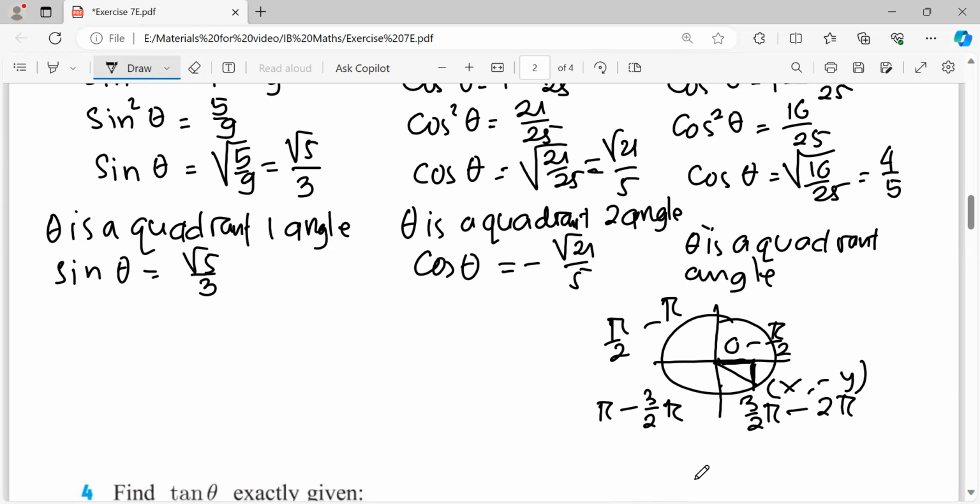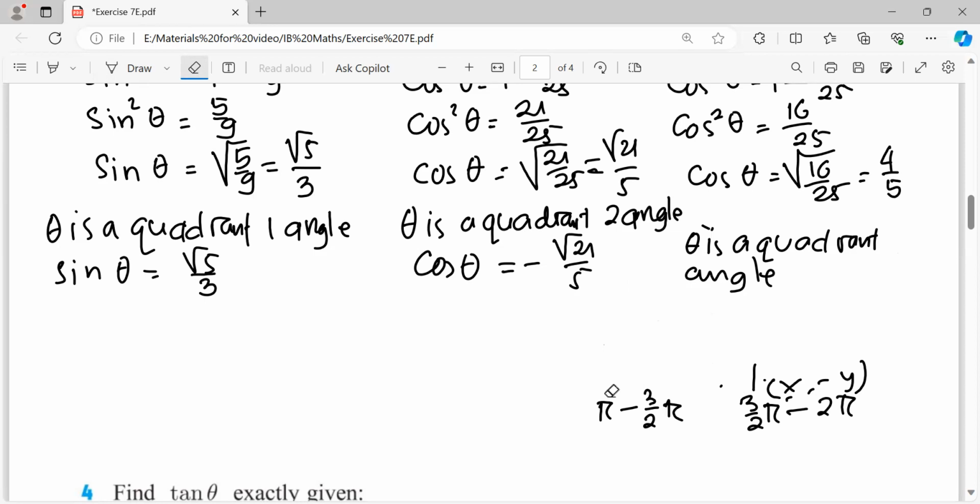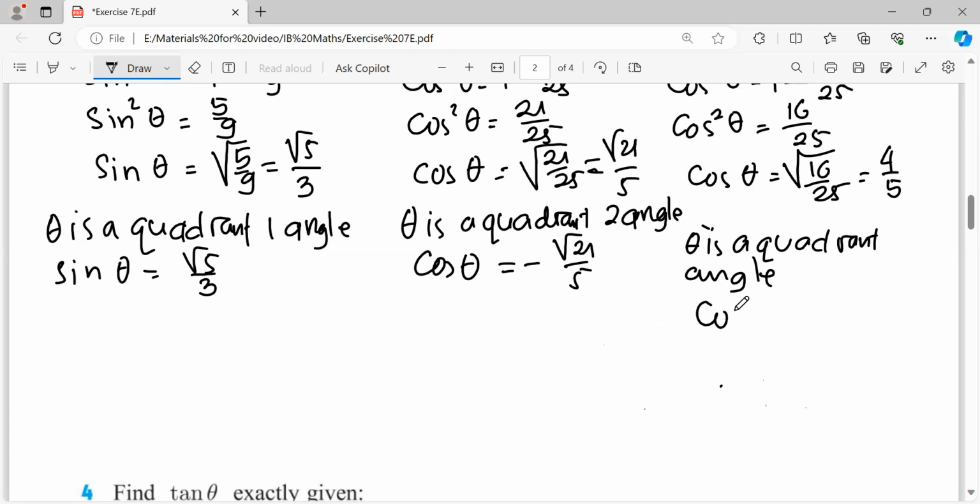So x is cosine and y is sine. So cosine theta is positive. Cosine theta equals positive 4/5.